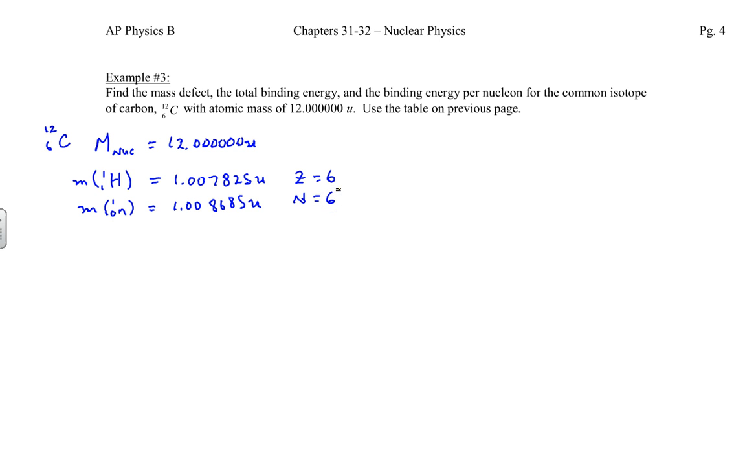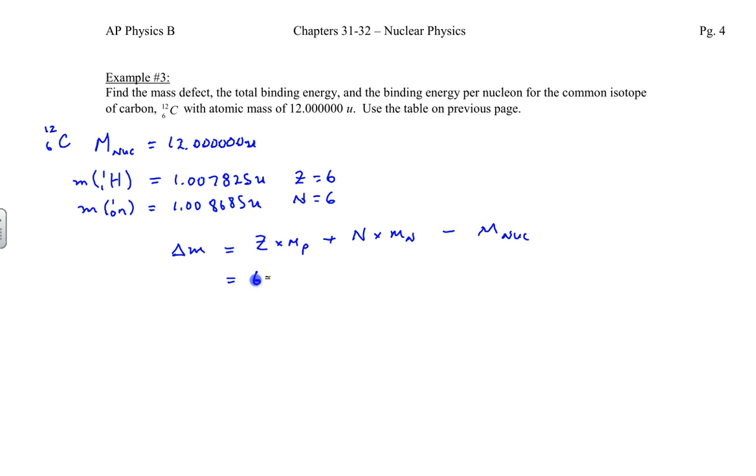So let's move on to finding the mass defect. The mass defect is the mass of all the constituent parts. So that's Z protons times the mass of the proton plus N times the mass of the neutrons, and then minus the mass of the nucleus.